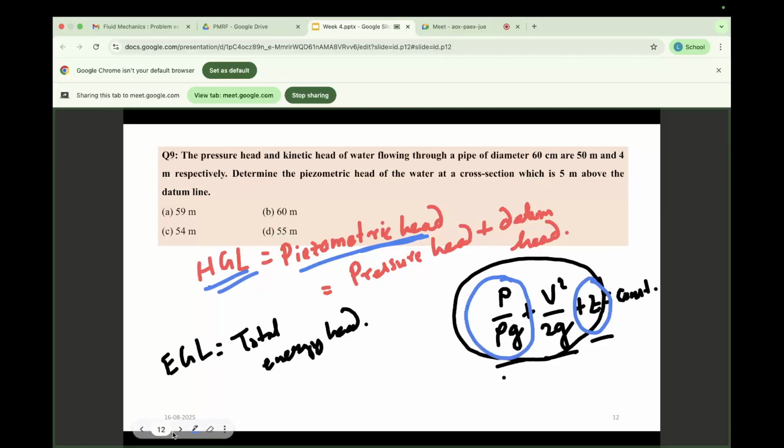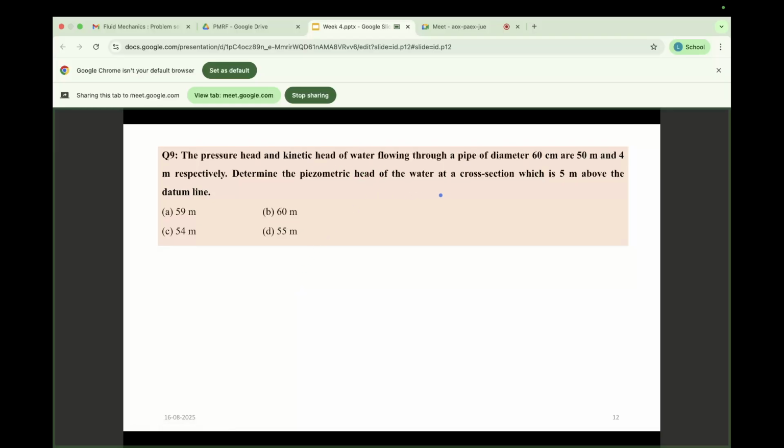A pipe is there in the question, and its diameter is given, 60 centimeter, that means 0.6 meter. And 50 meter is the pressure head. Say this is point 1.